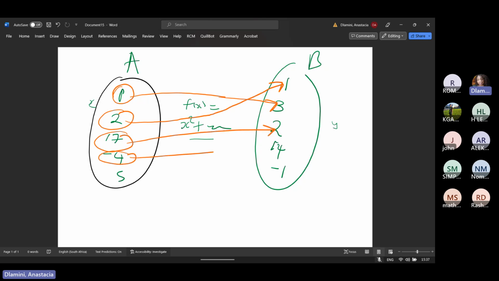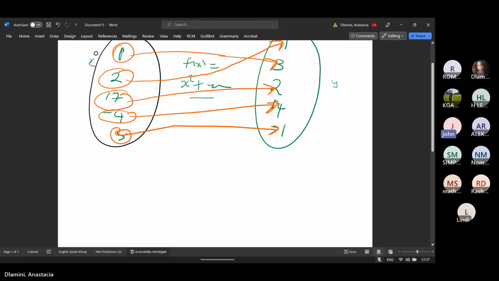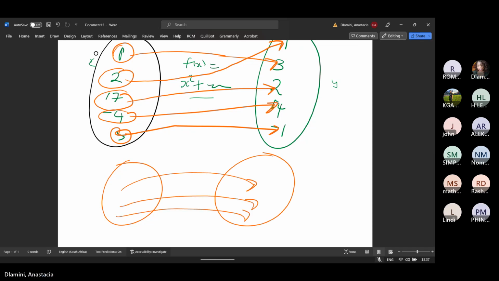You see, for every value in A, you only get one value in B. Do you see that? Yes. These arrows, one value, and one value. So this is a one-to-one function.